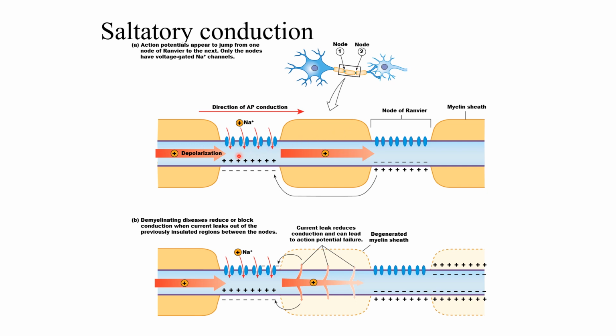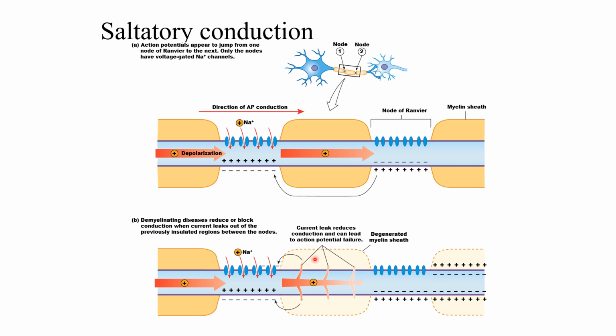And now the action potential is going to be jumping from one node to another node because that's where you have the sodium channels. And so with the myelin sheath, the message or the nerve impulse is going to run way faster compared to not having a myelin sheath.